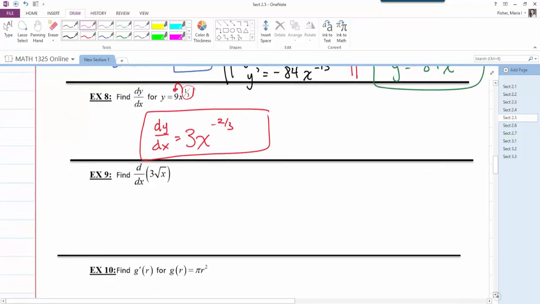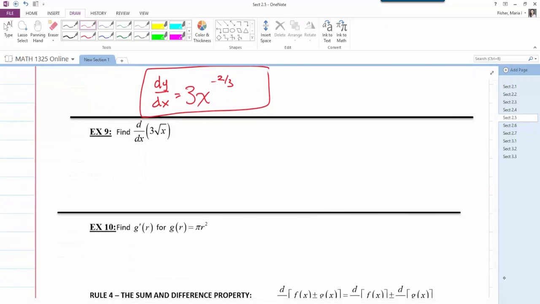What about number 9? Well, anytime you have a radical in this course, you're going to want to rewrite it first. How can I rewrite the square root of x so it becomes a power? Remember, when you have the square root, the index, that little number, is 2. So you can rewrite this as 3x to the 1/2 power.